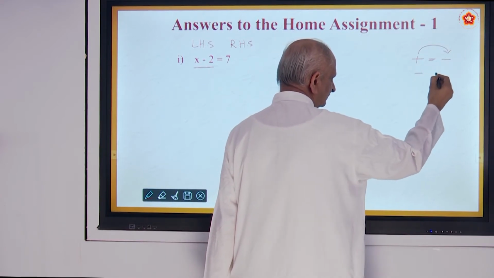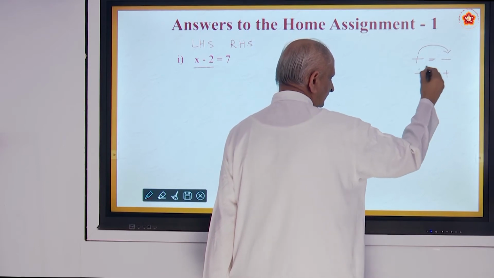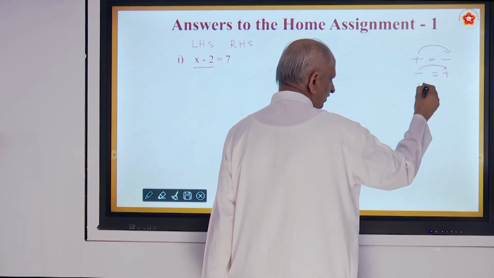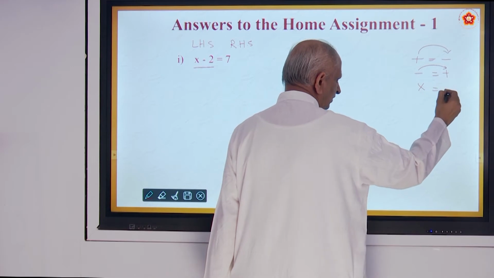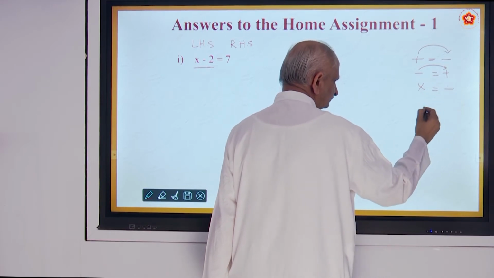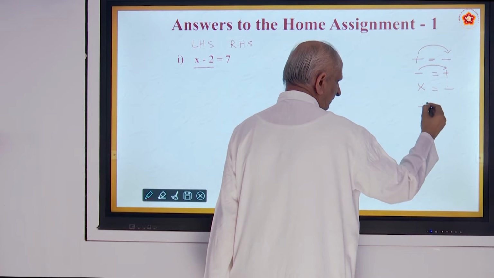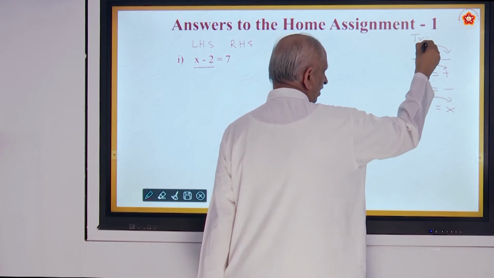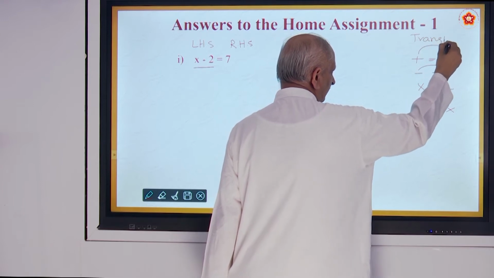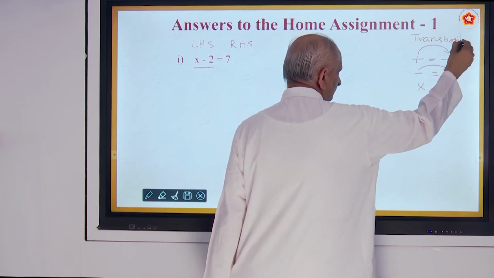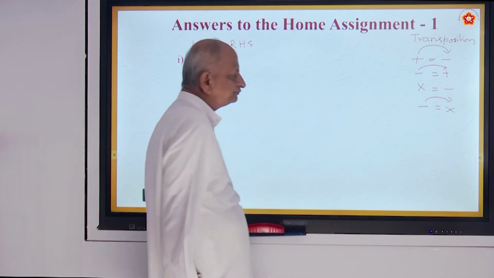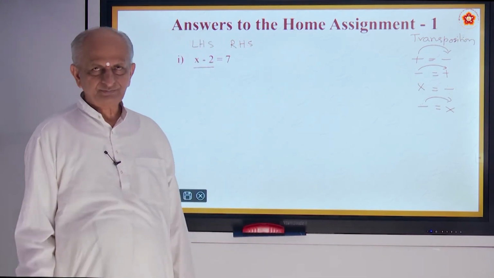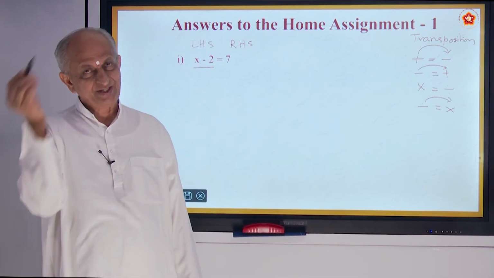What about minus? Minus will become plus. If there is a into or product, it becomes divided by. If there is a divided by, it becomes into. So, this is what is called the sign of transposition. Do you remember? If you want, you can note down how the sign changes.